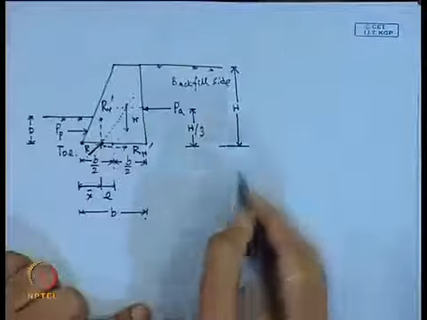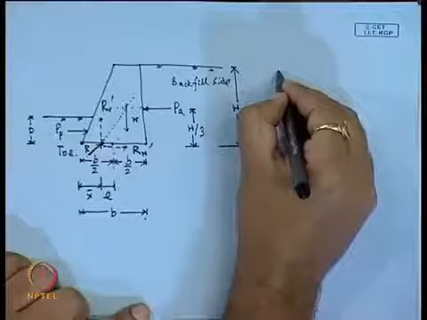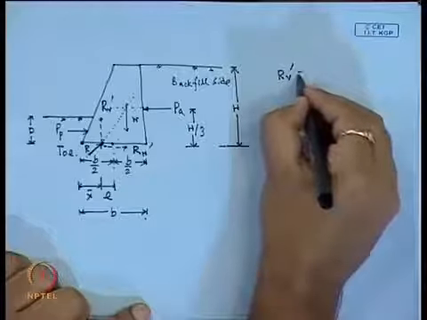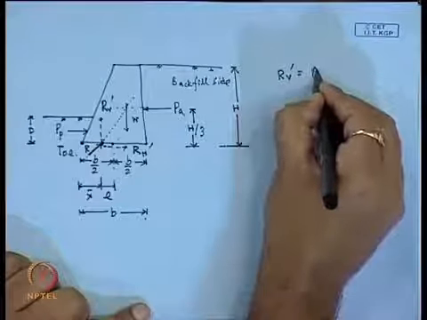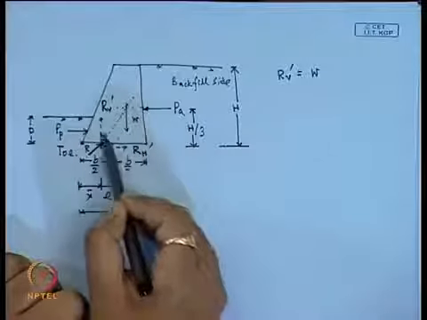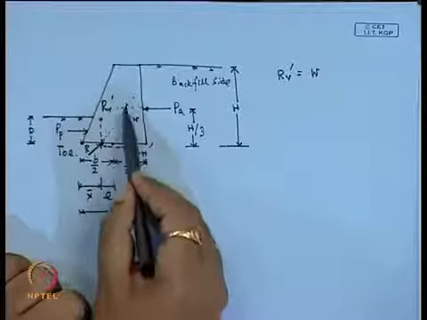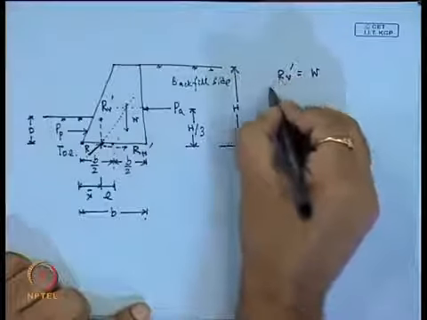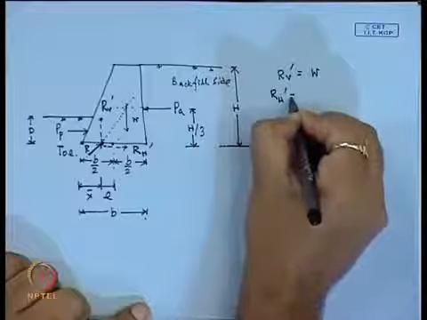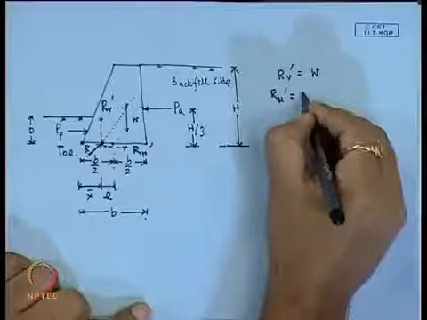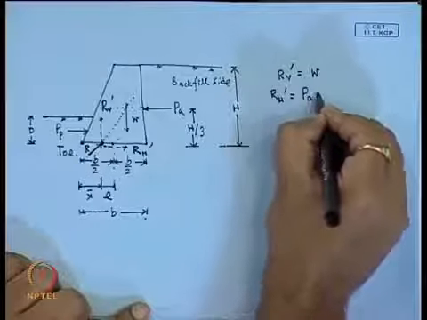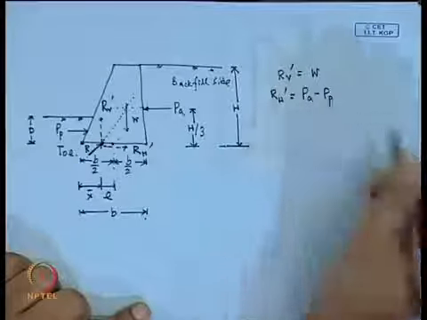If I go for the equilibrium conditions, R V dash is equal to W, the vertical component equals W. Another one, R H dash is equal to P A minus P P.